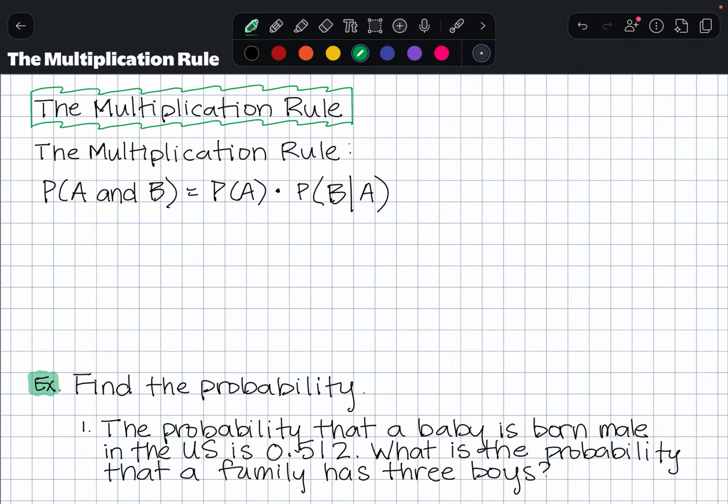The first important piece is that when I see "and" in a problem, it's telling me to multiply. So we now have two sets of keywords. I know that "or" is telling me to add, and that "and" is telling me to multiply.